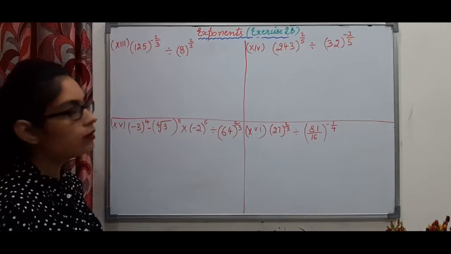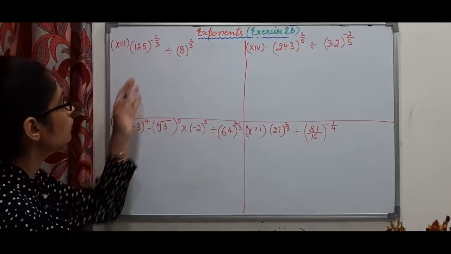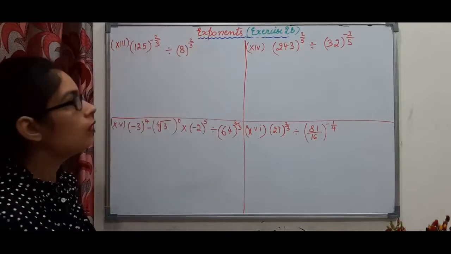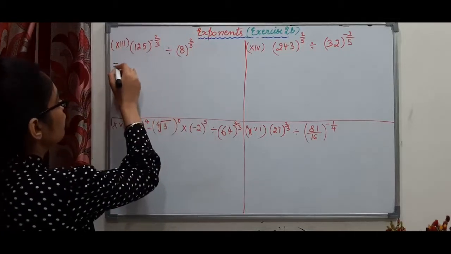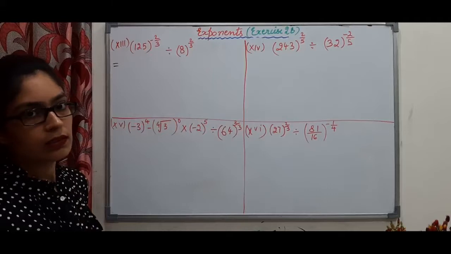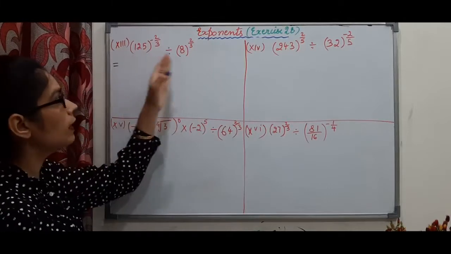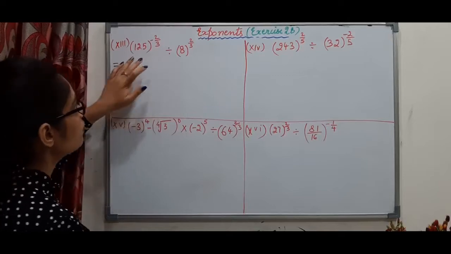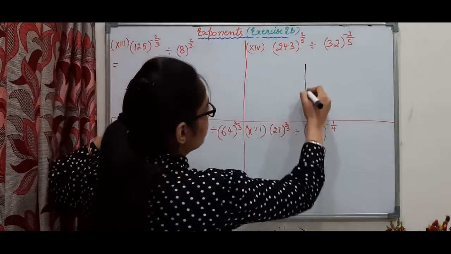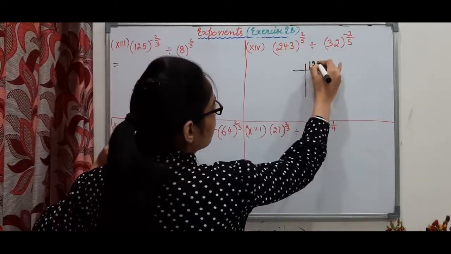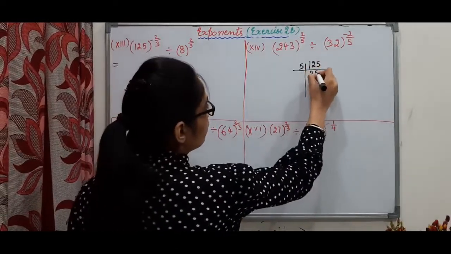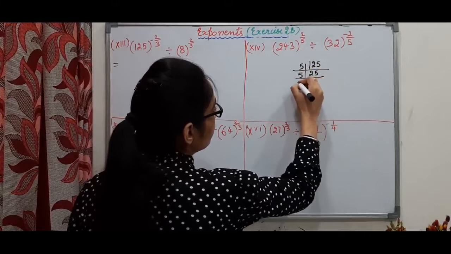In next part, it's given 125 whole power minus 2 by 3, 8 power 2 by 3. See, whenever fraction is there, first step, try to write it in the exponential form. So 125, let's write into its exponential form. 125 will go on 5's table. 5 into 25, 5 into 5, 5 into 1.